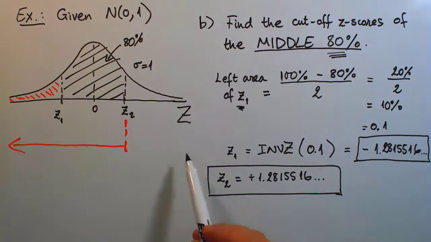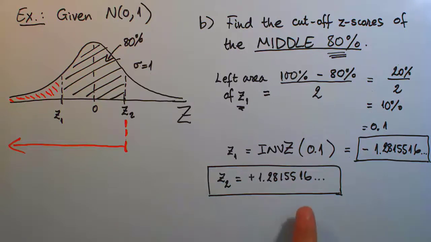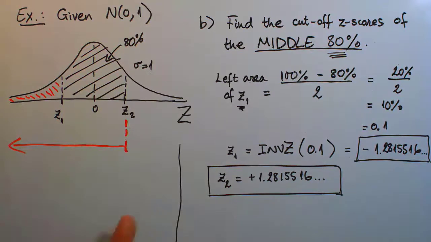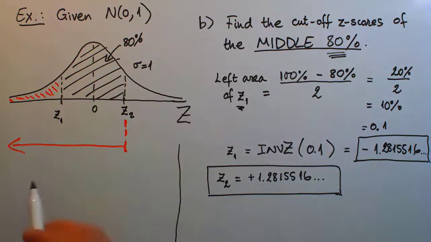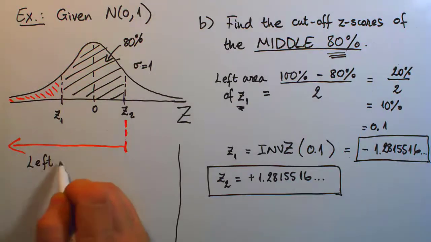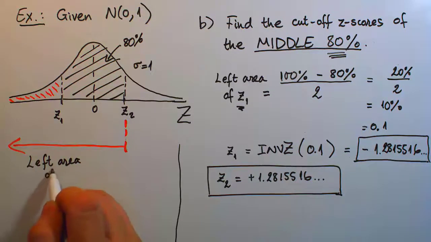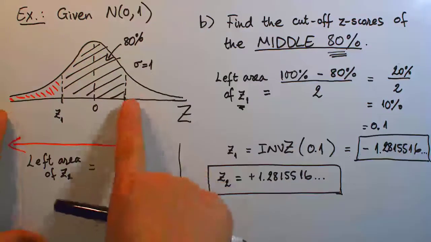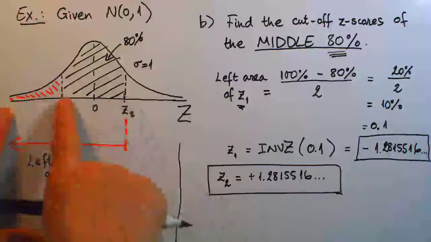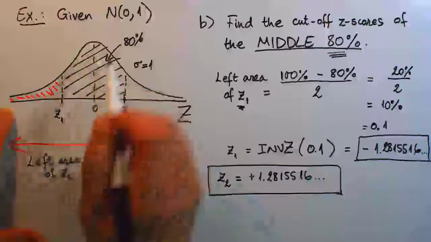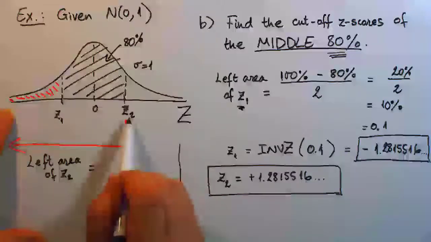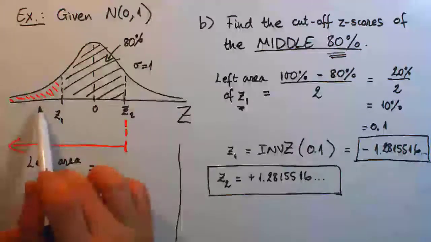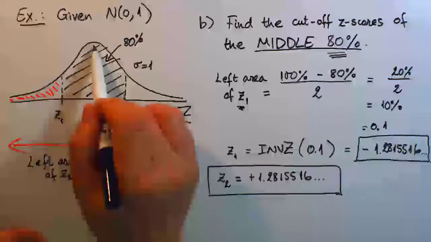But in case anyone is still not too convinced about the method I went through here, then think about it. I still have some little space here, and we can restart completely from scratch for finding out what Z2 is. So the left area of Z2, the way this picture looks, is all that area here added together with this little piece. But think about it, in case we're starting out with Z2 as a beginning, independently, without finding out where Z1 is yet, or how far that area to the left of Z1 is, then think about from where this curve center is.